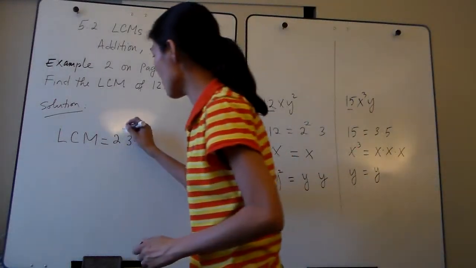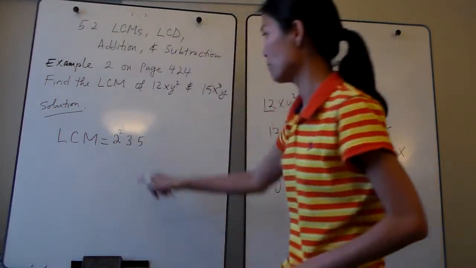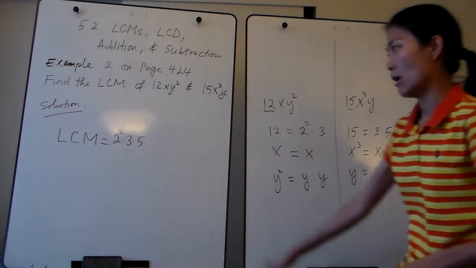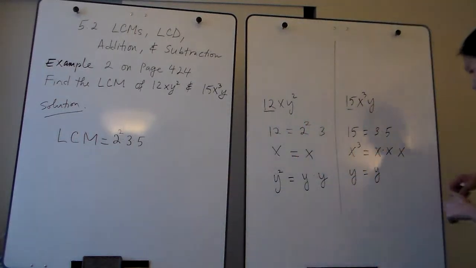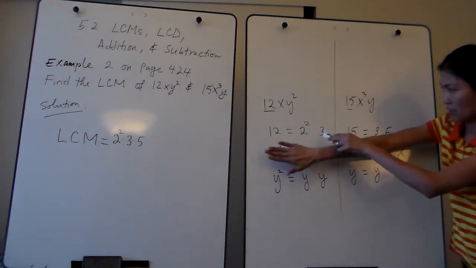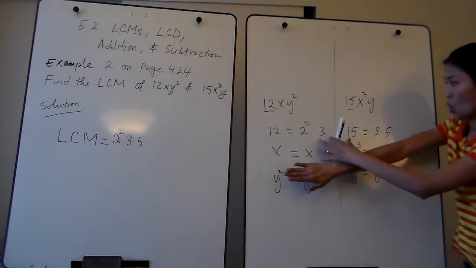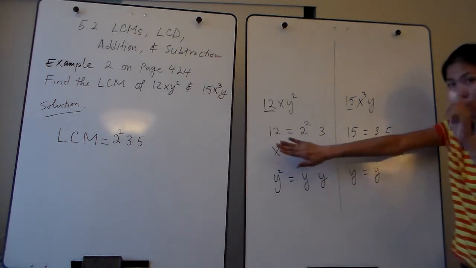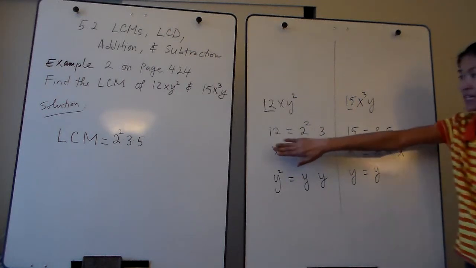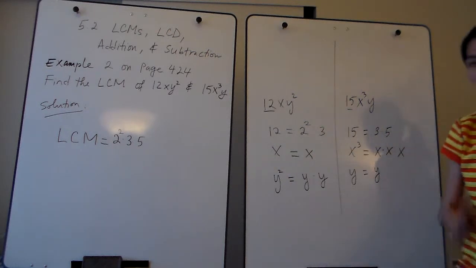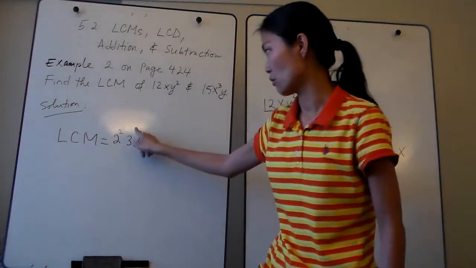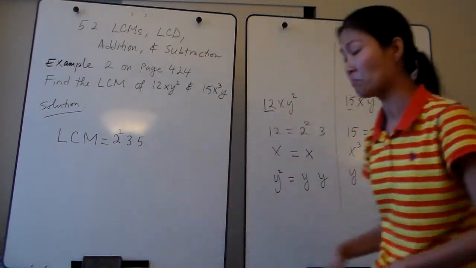So I will put 2 squared. Now, how about 3? This 3 occurs one time, and this 3 occurs one time. So 3 occurs only once in both coefficients, so you only write it one time, 3 to the first power, which is just 3.